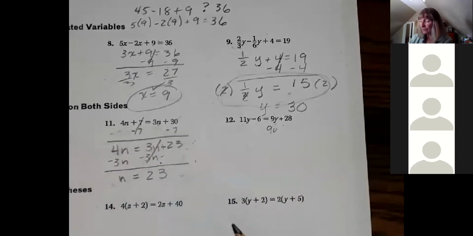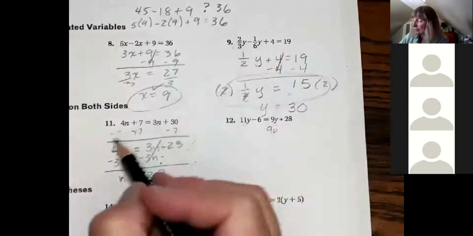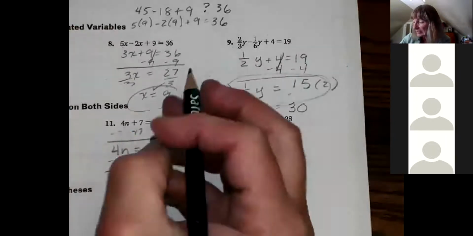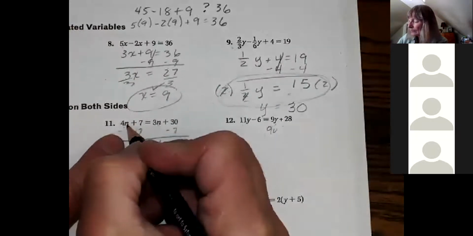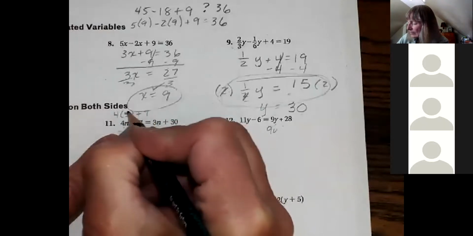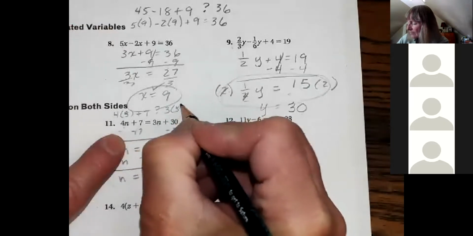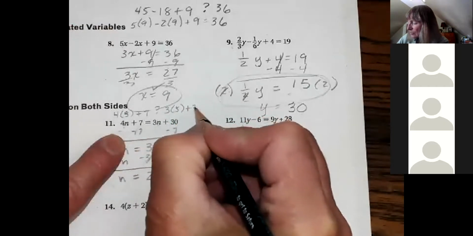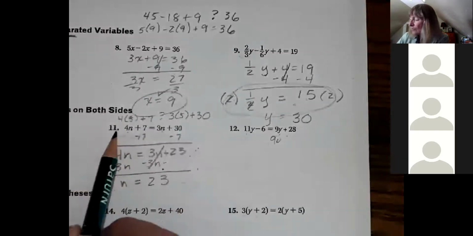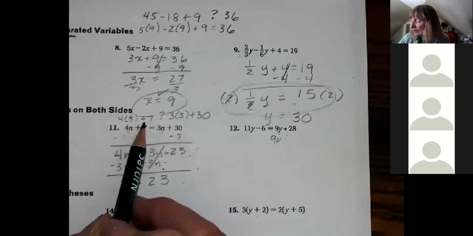Yeah. Okay. And when you worked it, you got an answer of 5, and you could check to see if that answer is correct by putting 5 in to the original equation. So let's see what happens when we do that. 4 times 5 plus 7, does that equal 3 times 5 plus 30? 4 times 5 is 20. 20 plus 7 is 27.